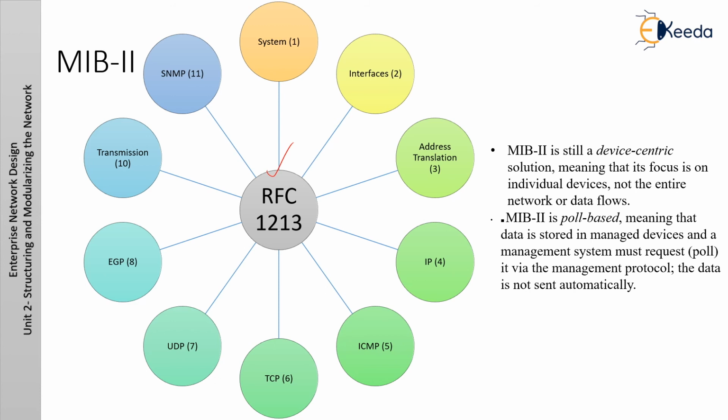Okay. Although the MIB2 definition is an improvement over MIB1, the following things are unresolved issues. Like MIB2 is still a device-centric solution. That means its focus is on the individual device, not the entire network or data flow. It is poll-based, meaning that data is stored in the managed device and the management system must request, or poll, it via the management protocol.